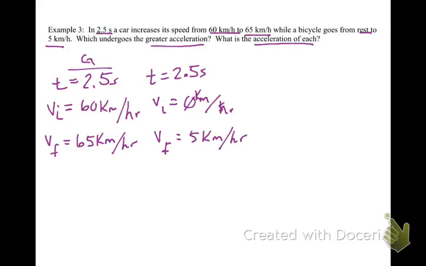Okay, so we've got all of our givens down, so let's solve for the acceleration of each one of these. So we've got several wanted. We want to solve for the acceleration of the car, and we've got the acceleration of our bike. And then, which one's greater?